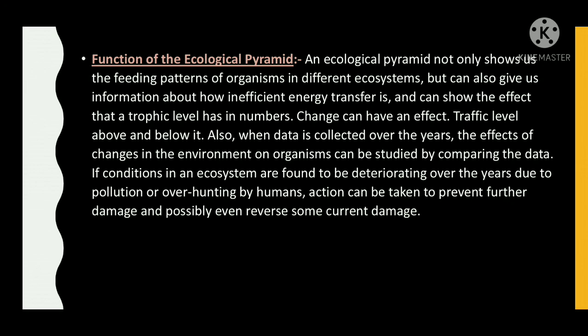Also, when data is collected over the years, the effects of changes in the environment on organisms can be studied by comparing the data. If conditions in an ecosystem are found to be deteriorating over the years due to pollution or overhunting by humans, action can be taken to prevent further damage and possibly even reverse some present damage.